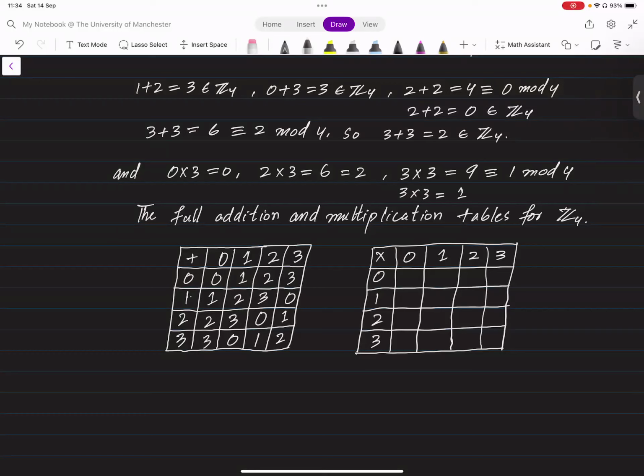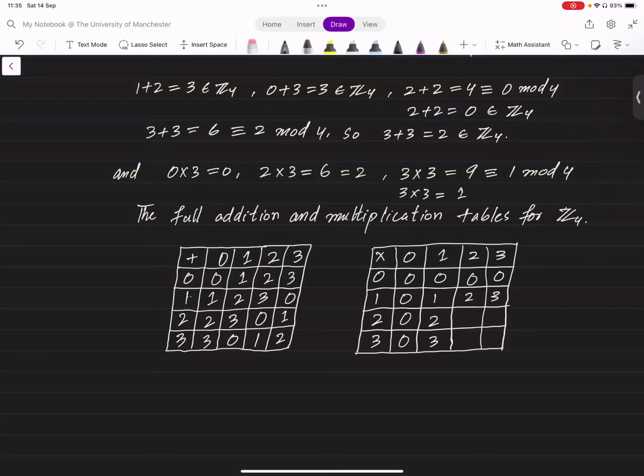So obviously, multiplication by 0 of every number is 0 again. 1 multiplied by 1 is 1. 1 multiplied by 2 is 2 and by 3 is 3. 2 multiplied by 1 is 2. 3 multiplied by 1 is 3.